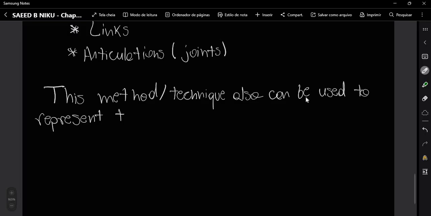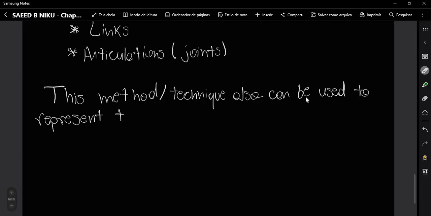We have Cartesian robots that can be represented in two-dimensional space, X and Y, but this robot is in the real world in 3D space. So we have these methods or techniques, ways to represent this robot in a space.